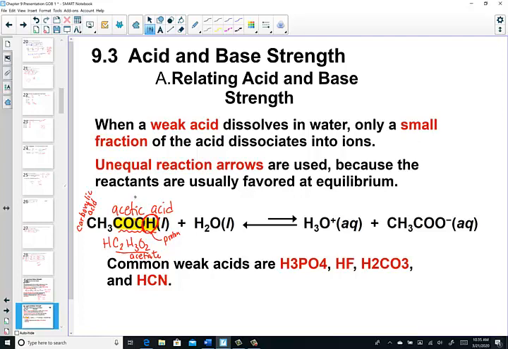So notice the acetic acid formed its conjugate base, and it's this last proton that was removed. This is called the acetate polyatomic ion. Water, of course, accepted the proton and formed its conjugate acid. Water acted as a base in this acid-base proton transfer.